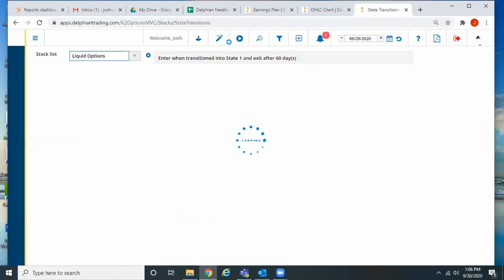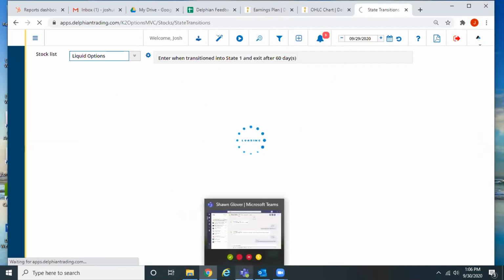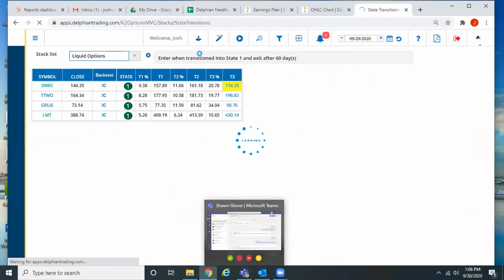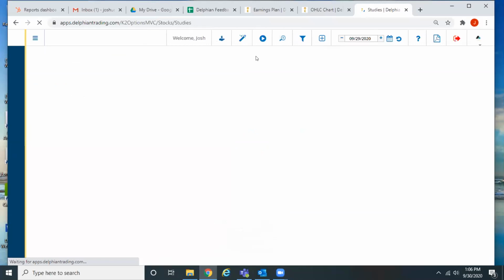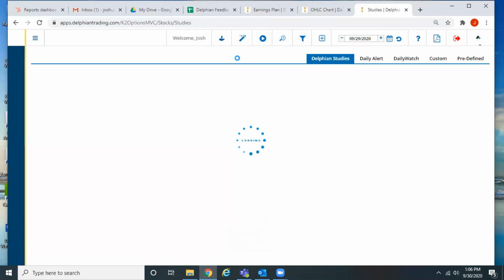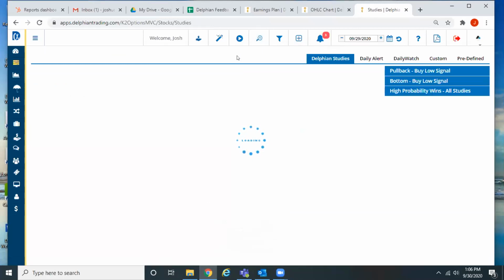Oh, okay. While you're in there, you can tell me what it really means: exit after 60 days. Does that mean it typically has stayed in there 60 days and then left, or what? No, that's just after 60 days, you'll get out of the trade. Oh, okay, no matter what. Gotcha.